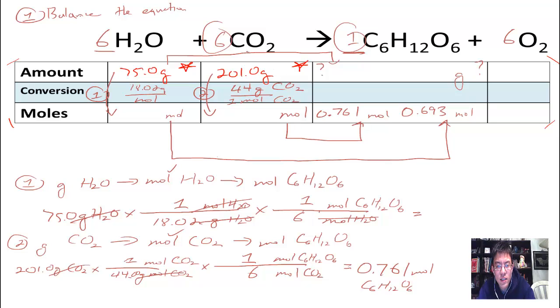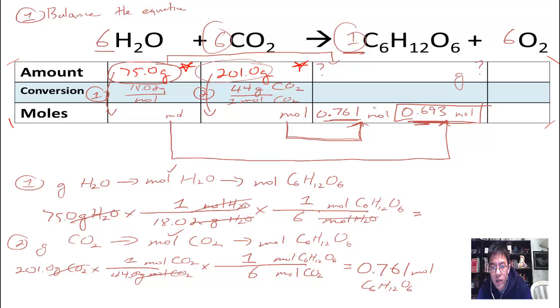Okay, so what is this saying? With 75.0 grams, I can follow my line and produce 0.693 moles. If I have 201.0 grams, I can produce 0.761 moles. But because I only have 75 grams of H2O, I can't produce the 0.761, I can only produce the lesser amount.